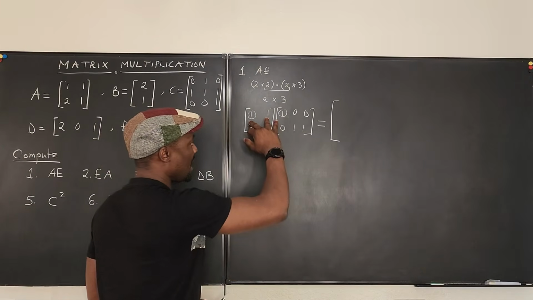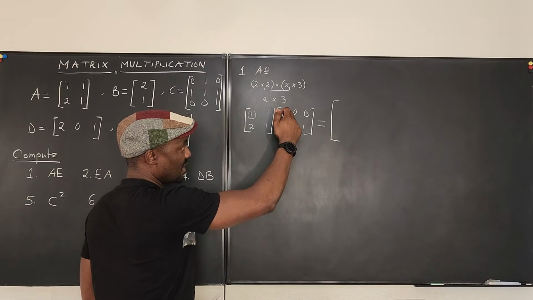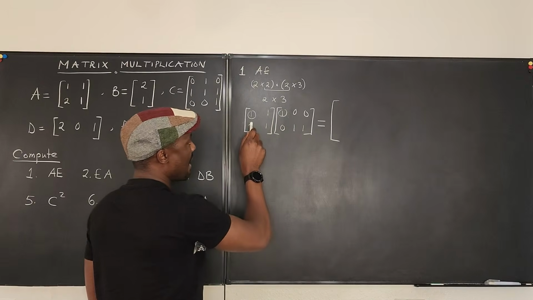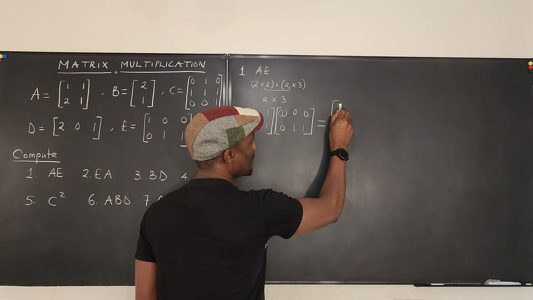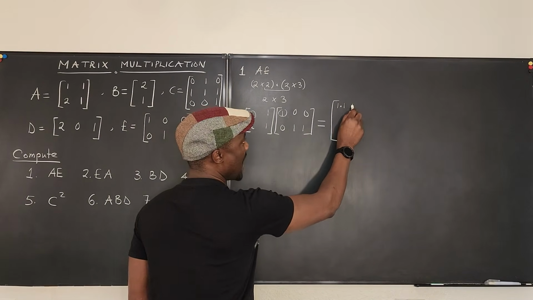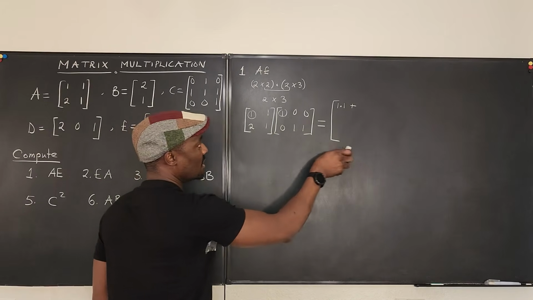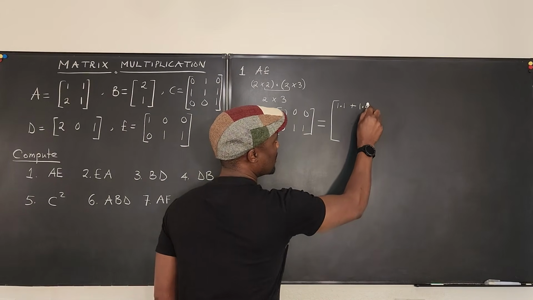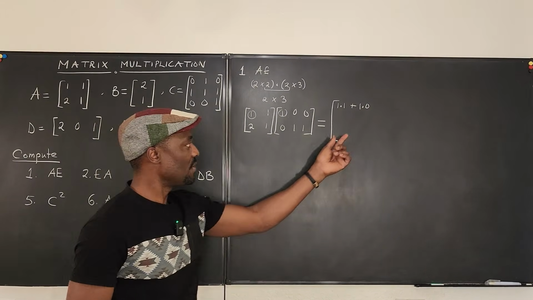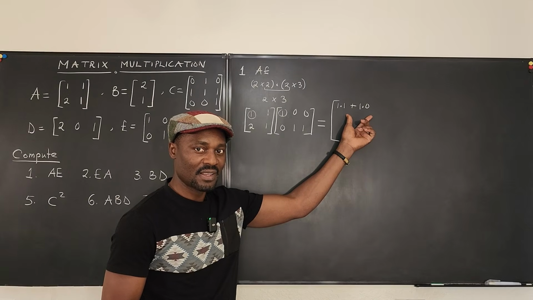Okay, so if I take this, I multiply this. What I'm going to have is 1 times 1, then I'm going to add the second multiplication, 1 times 0. That's what you do for the first entry in your matrix.